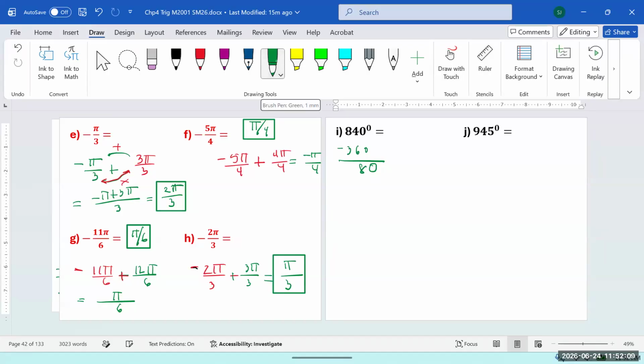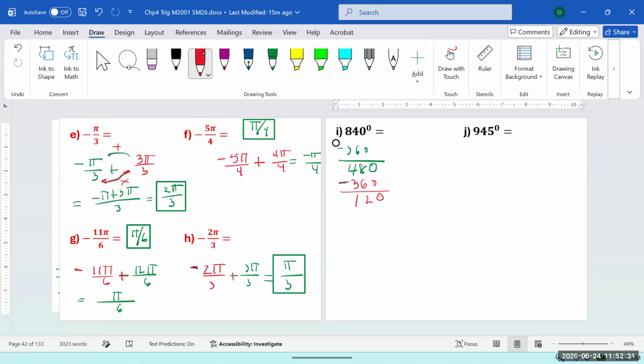How much? 480. Is it smaller than 360? That means you have to subtract one more time. Minus 360. So 0 minus 0 is 0. 8 minus 6 is 2. 4 minus 3 is 1. 120. Now we like it.